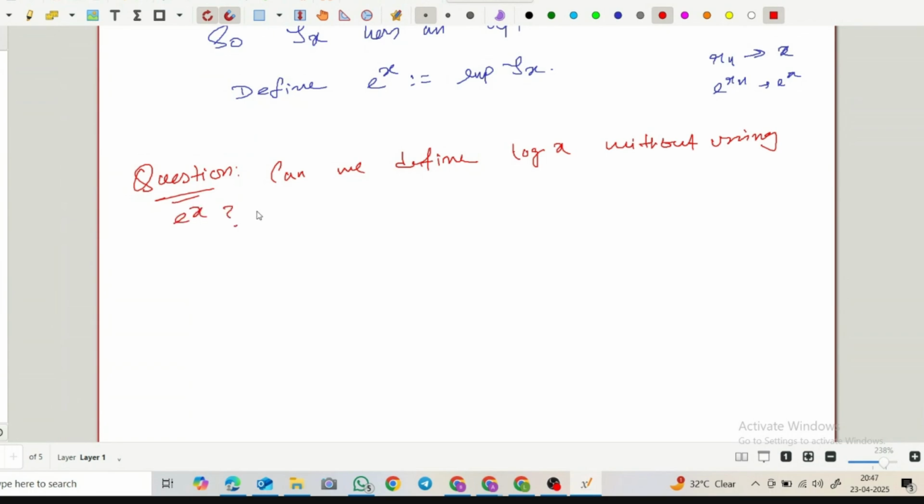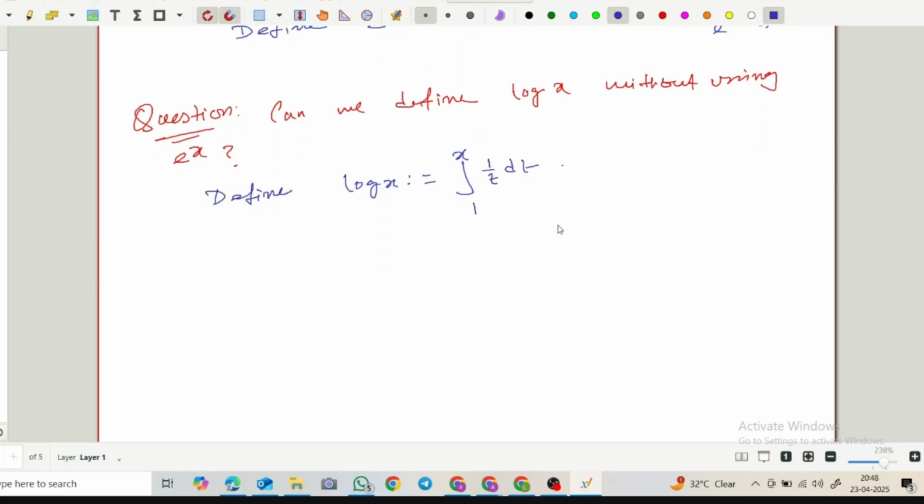Can we do that? The answer is yes. So define log x to be the integral from 1 to x of 1 by t dt.